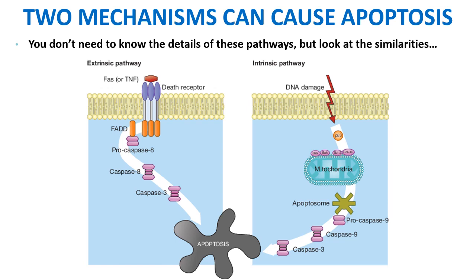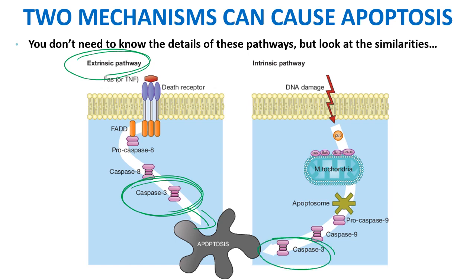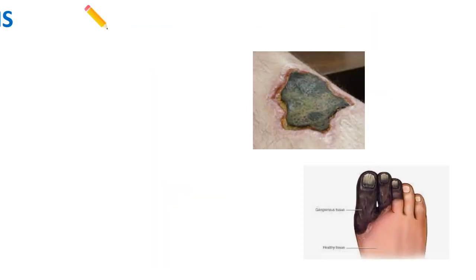So the extrinsic pathway, it starts outside, but eventually we get down to making this protein here, caspase 3, and that causes apoptosis. And the intrinsic pathway starts in the mitochondria, remember? A whole lot of stuff happens, but again we make that same protein, and then apoptosis starts. So whether we start inside or we start outside, the cell's still going to die with these two processes.